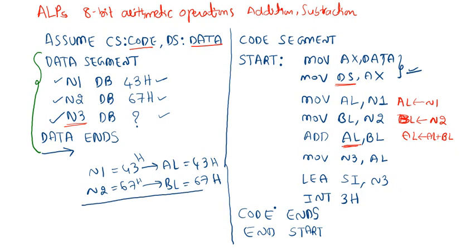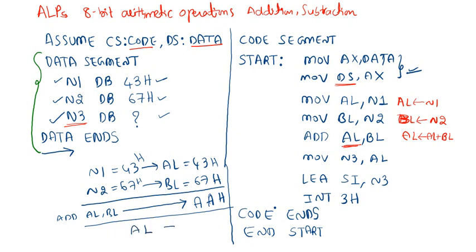Now after this, with the help of the ADD instruction, we added these two. 7 plus 3, that is 10, but 10 in hexadecimal is denoted with A, and 6 plus 4 is also 10, and 10 is denoted with A in hexadecimal, and this result will be stored back to AL. So AL will become AAH.